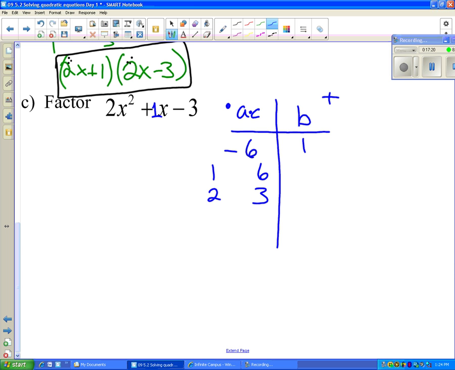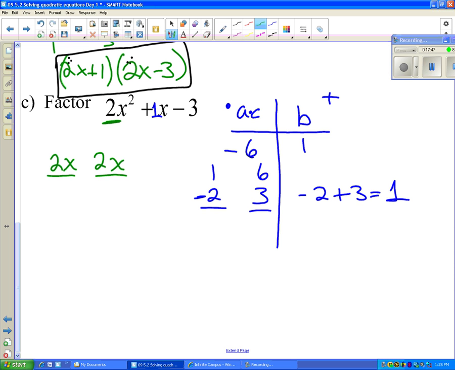Which of these will add to be a positive 1? Well, I need to have a negative somewhere. So if the 2 is negative, I get negative 2 plus 3 is positive 1. Those are my factors, negative 2 and 3. Because A is a 2 and not a 1, I have to set up my fractions, 2x and 2x.